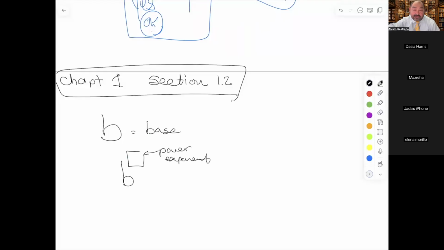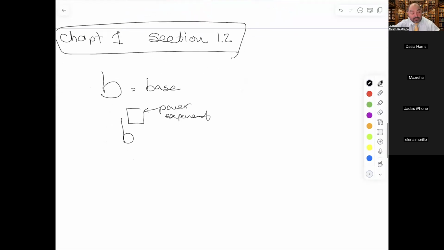And you have different powers and you have different exponents. It could be 0, it could be 1, it could be 2, it could be 3, it could be a negative value. Depending on that value, you're going to do different things to it. All right, so let's go.